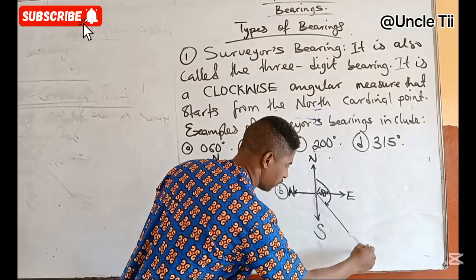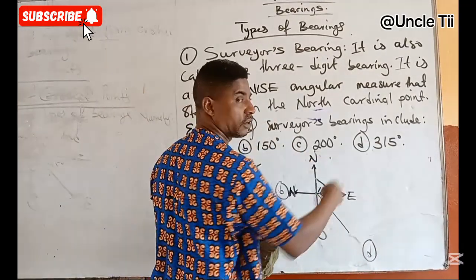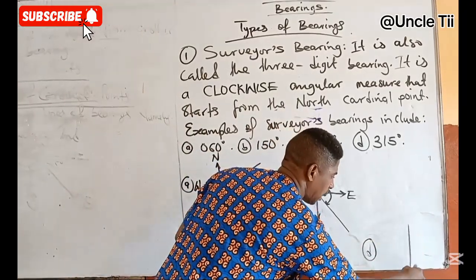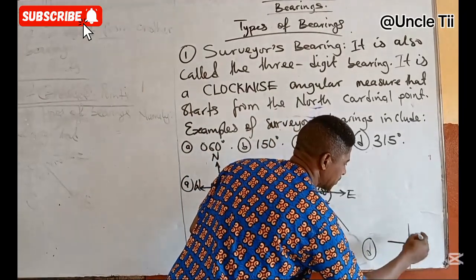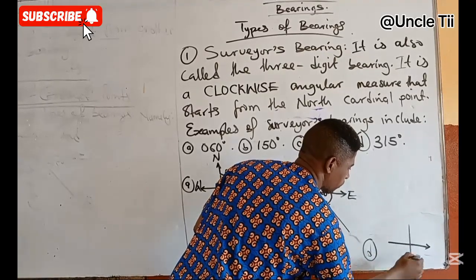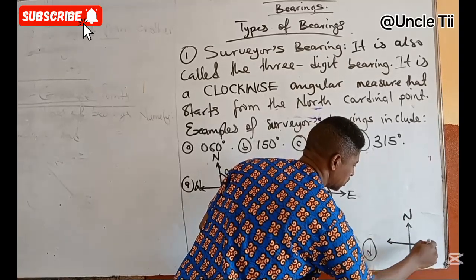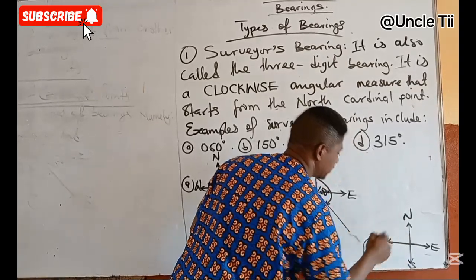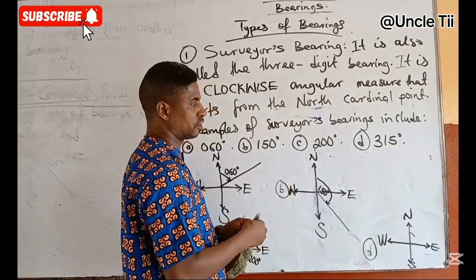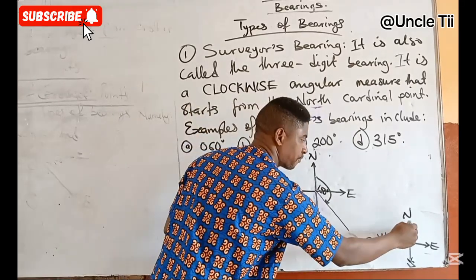Finally, for the fourth example, 315 degrees, if we draw our cardinal points, north, south, east, and west, we are going to move clockwise from the north till we exhaust 315 degrees.